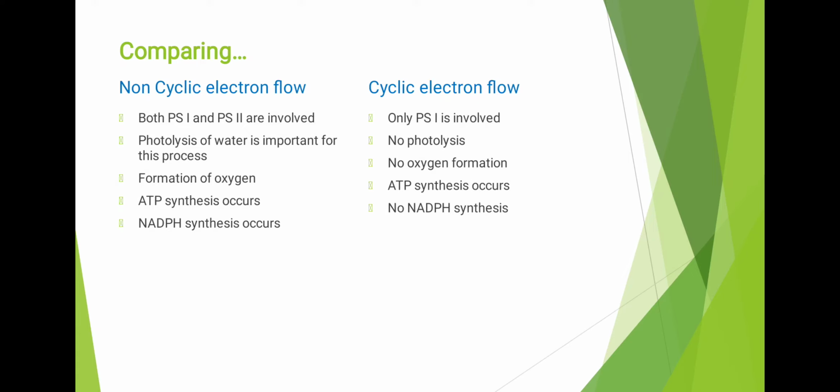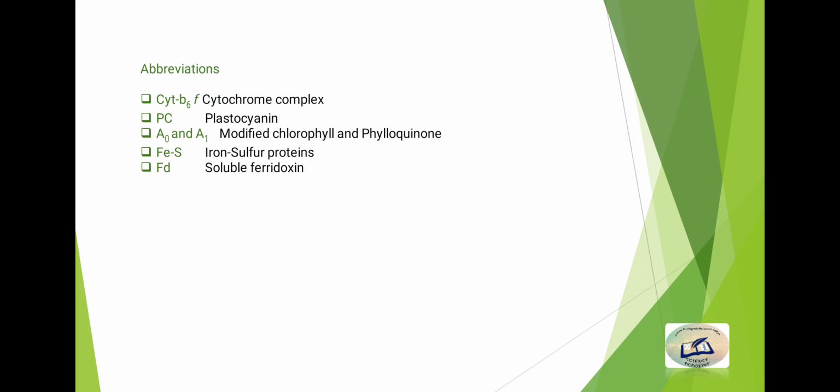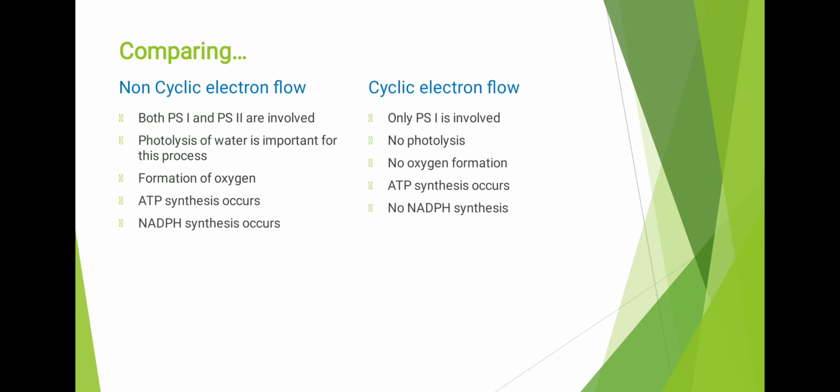So this was just a small topic, the cyclic electron flow in photosynthesis. With this I complete the light reaction. Now I will teach you about ATP synthesis, followed by the Calvin cycle or the C3 cycle, which will be discussed in the next slides.